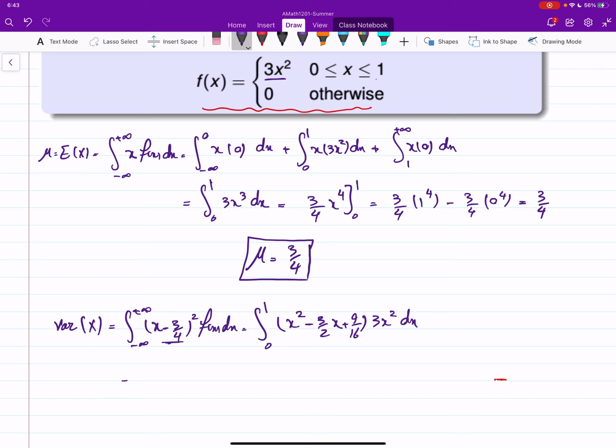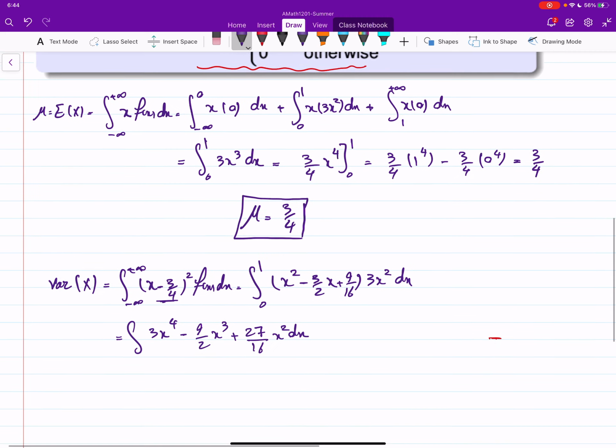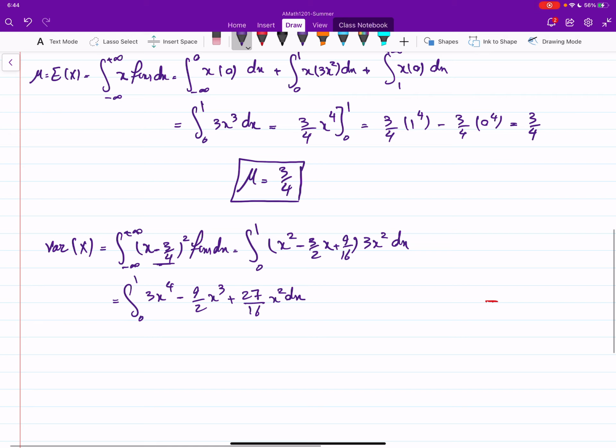And then we multiply those: this is 3x to the power 4 minus 9 over 2 x cubed plus 27 over 16 x squared dx, going from 0 to 1.